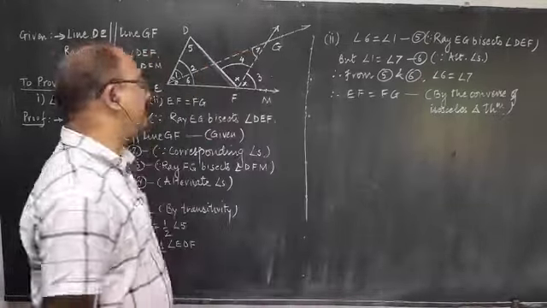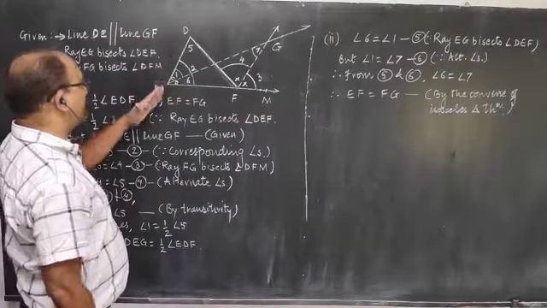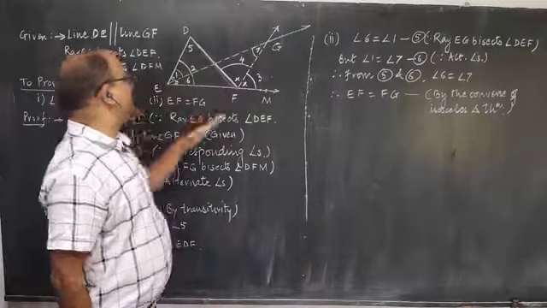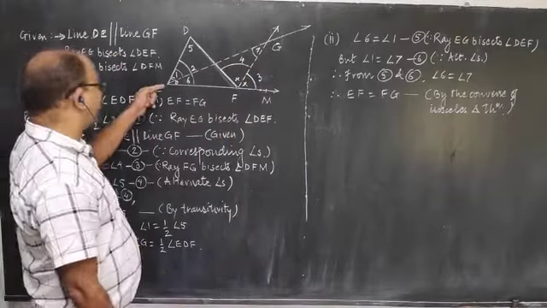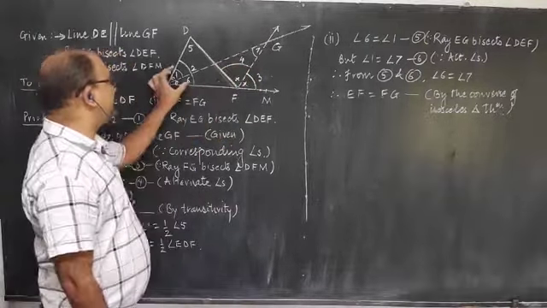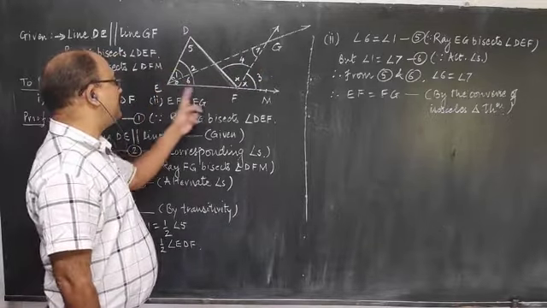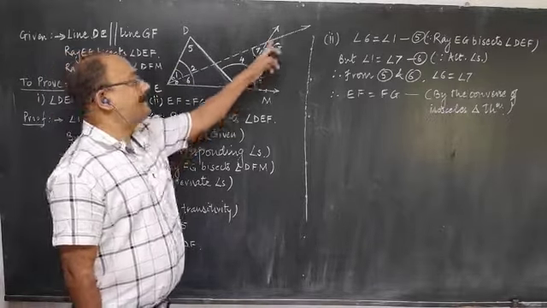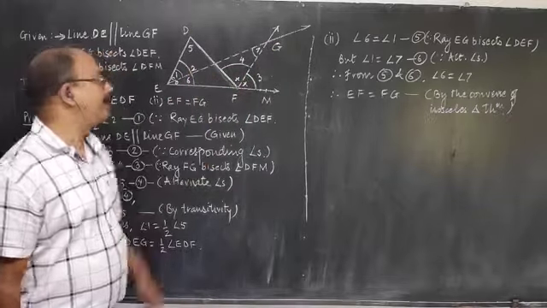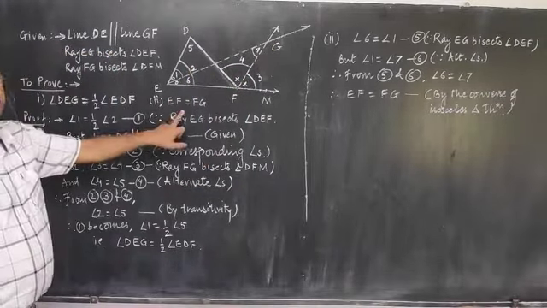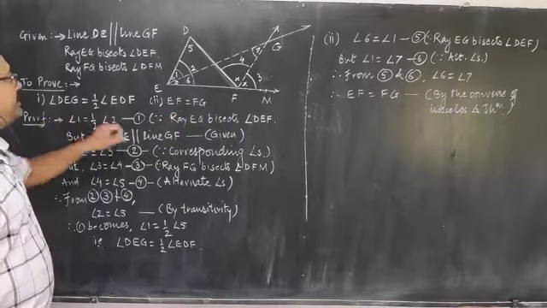Okay, let us start. You are given that in this figure, these two lines, line DE and GF, are parallel. Ray EG bisects angle DEF, and ray FG bisects angle DFM. We have to prove this result and this result.